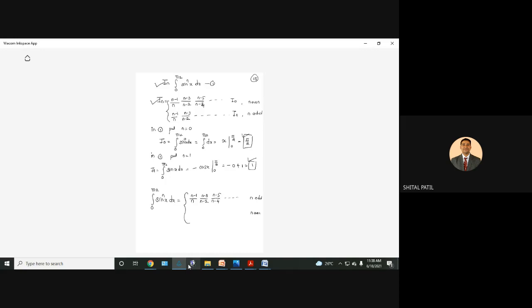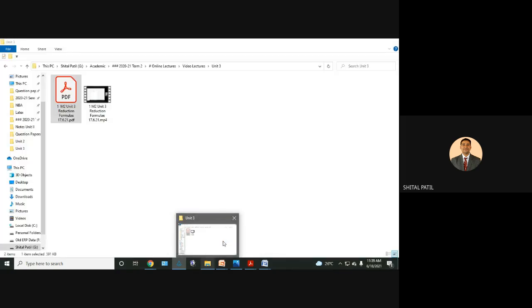If n is odd, here it is I1, and I1 is 1. So till we get like this, hope you remember, 2 by 3 and then 1 for n odd. You can refer to the previous page. Then for n even, we have n minus 1, n minus 2, n minus 3, same procedure, n minus 4, n minus 5, but we end with the ratio 1 by 2, and then into I naught. But what is I naught? Pi by 2.